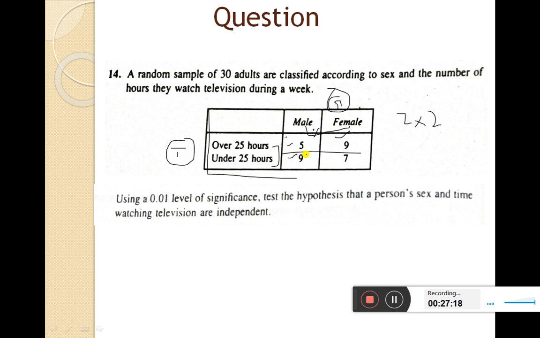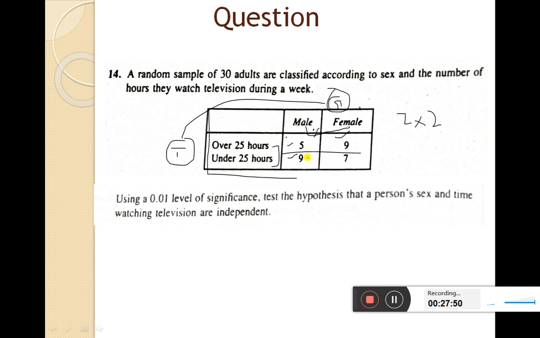We want to study whether gender and time are dependent, linked, or independent. Both are categorical variables, and the table is 2 cross 2, so it is known as a 2 cross 2 contingency interdependency table.